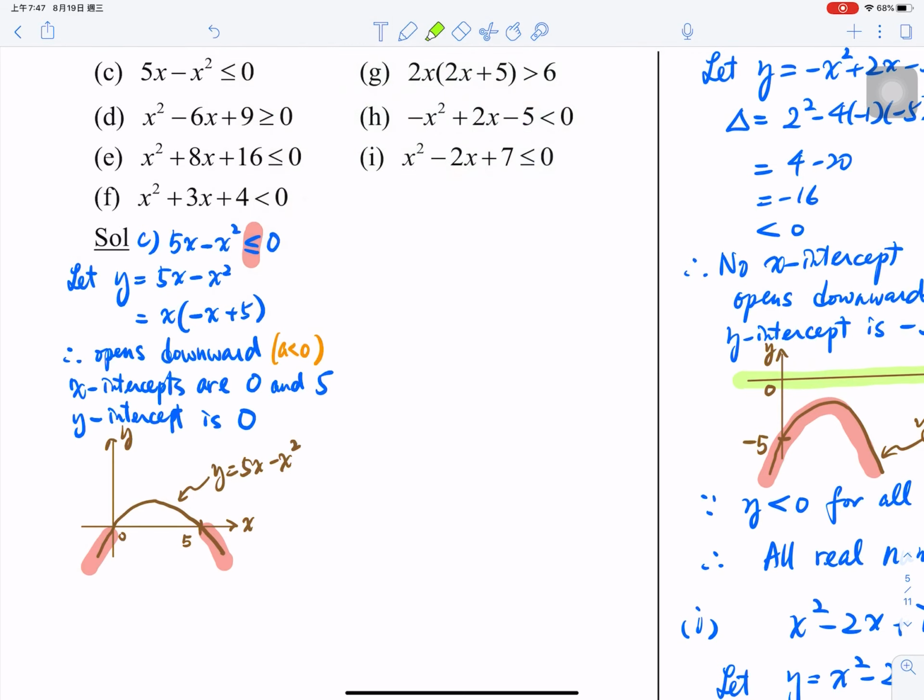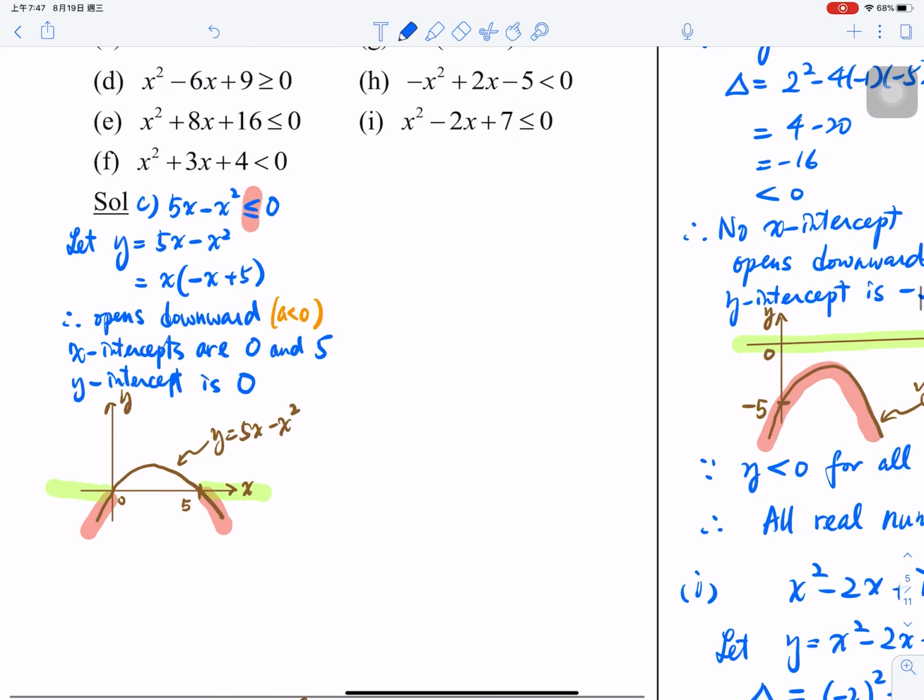Where are the corresponding values of x? Correct, this part and this part, right? So solutions are x smaller than or equal to 0 or x greater than or equal to 5. Okay?